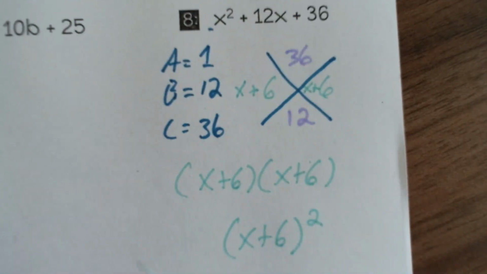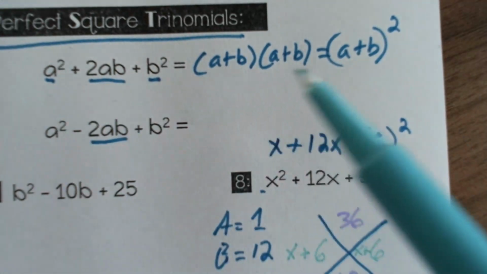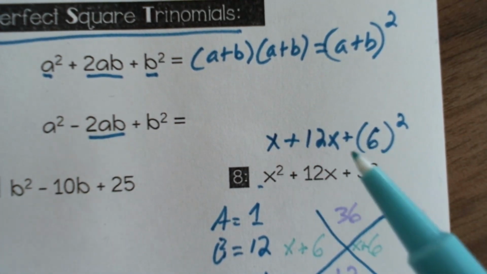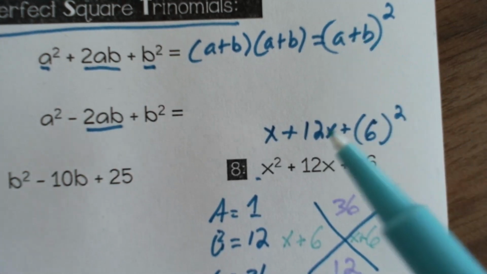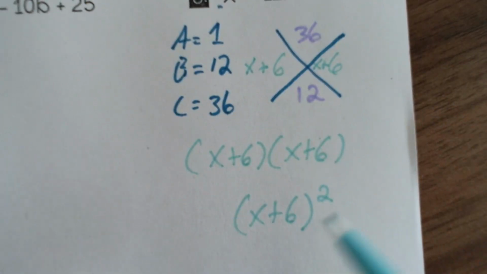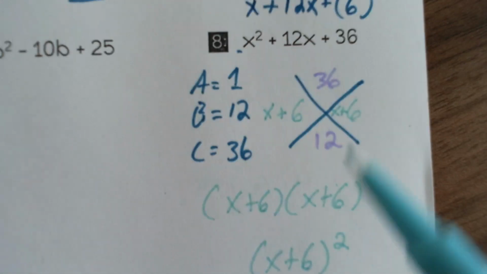So because this is a method that shows up, we can create this rule where if we find the pieces, x and 6 in this case, we can jump from here and conclude that A plus B squared. Okay, A and my B value squared.